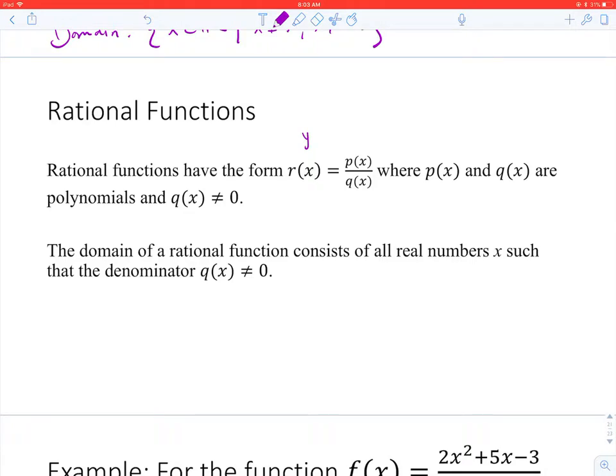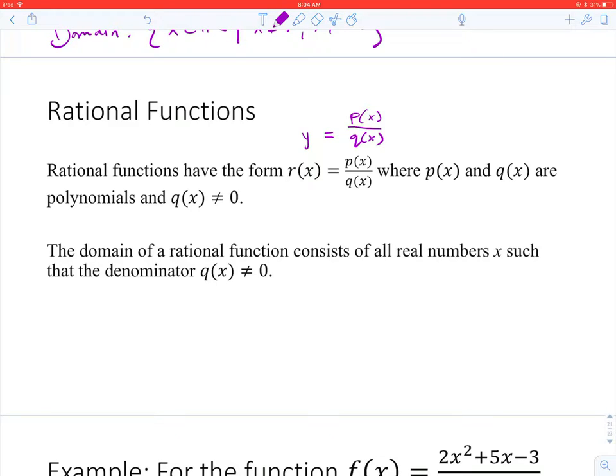But r of x is really just the output value for the function. So I can always represent r of x with a y as well. So y equals p of x over q of x. Same thing. And the domain of a rational function consists of all real numbers x such that the denominator q of x cannot be equal to 0.